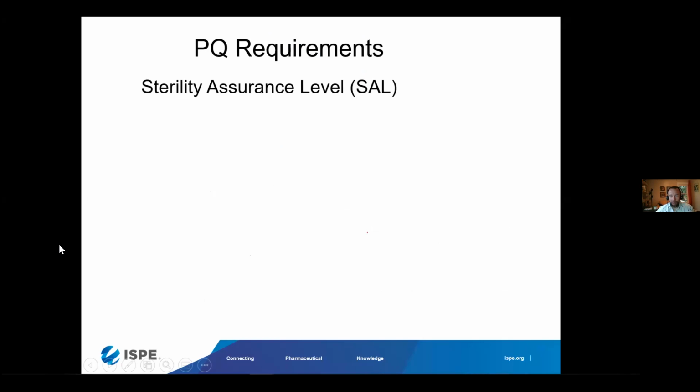And here are the requirements. It's really fundamental. It's harmonized across the world, whether it's FDA or EMA or Asian regulations or South America.